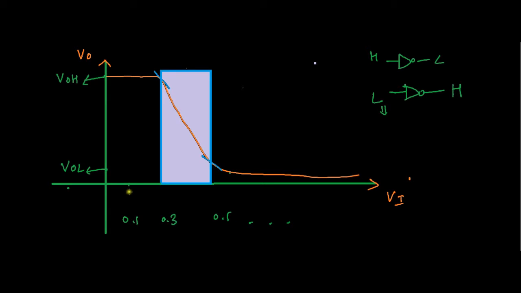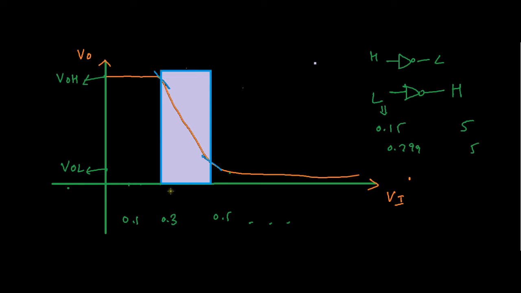As you can see here, even if my input is 0.15, my output will be high, that is 5 volts. Even if I go till 0.299, it will be 5. So till I go 3.3 in this plot, my output will be still 5 volt.